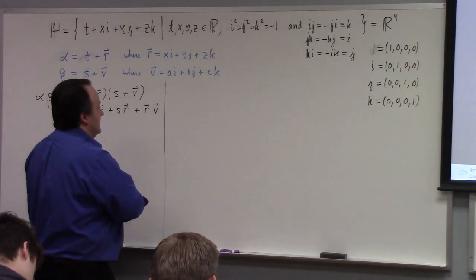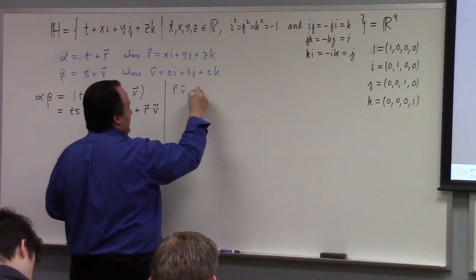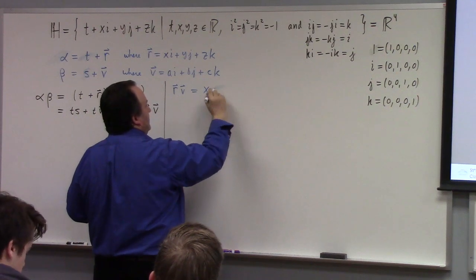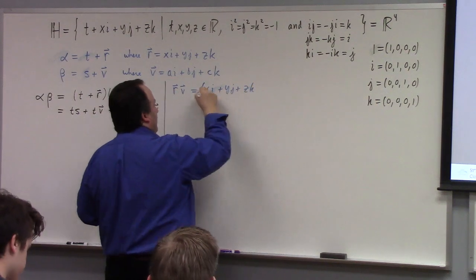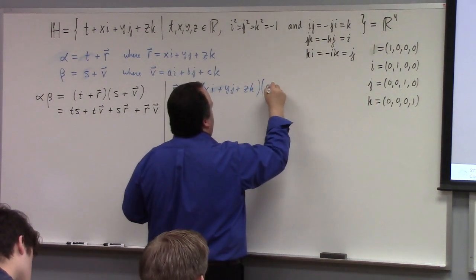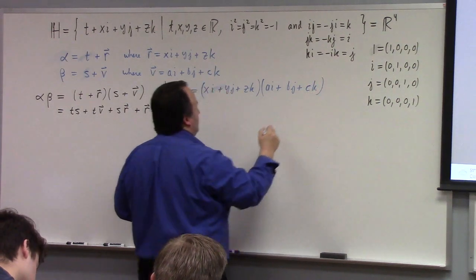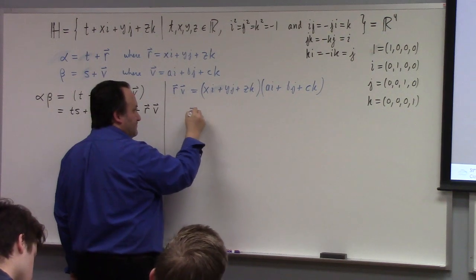Or you're doing this. Let's see here. So r times v is equal to xi plus yj plus zk times ai plus bj plus ck. All right. So trinomial times trinomial, there's 9 possible terms here. I'm going to group them.